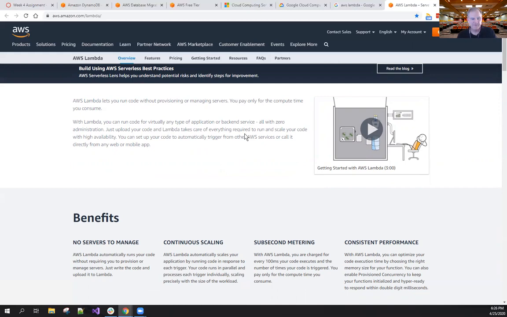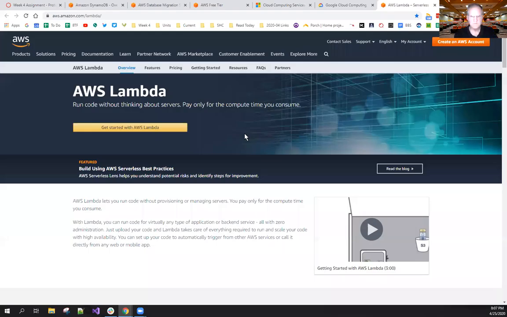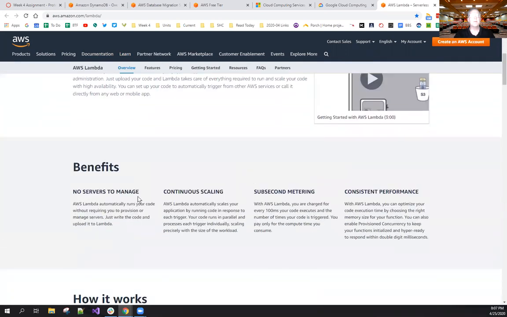So one second, let's see. So this Lambda is pretty cool. Don't have to provision servers or manage servers. So this is not replacing database servers. This is replacing code running on virtual servers. Okay, so no servers to manage.